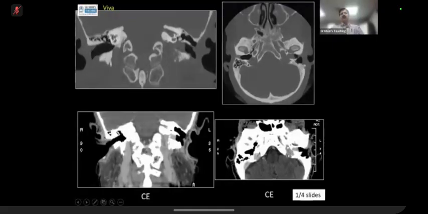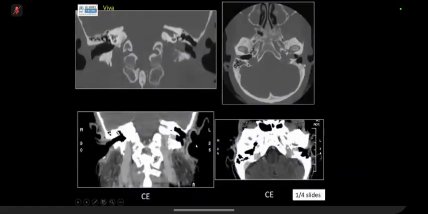Indirectly, we are just debating the word to use. It is from the jugular foramen, it is going into the middle ear cavity. So this type of glomus tumor is known as glomus jugulotympanicum. Are you with me? Yes.